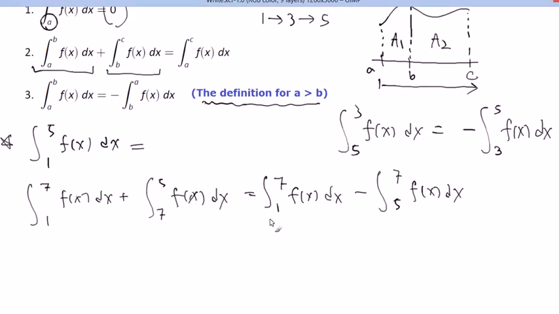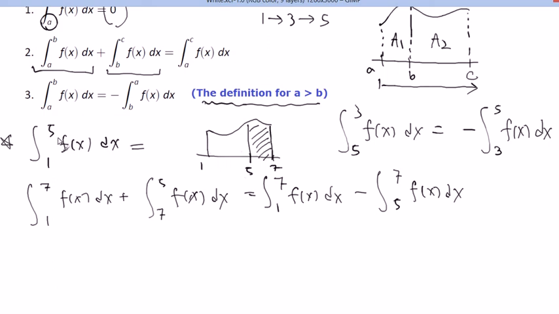Then what happens, think about this one here. This is the area, let's say it's a 1, and here's a 7. This is some function there. This is 1 to 7, right? So it's all the area. How about here? 5 to 7 is 5 to 7. So this one only indicates that. So if you take this area and subtract 5 to 7, you're left with 1 to 5, right?